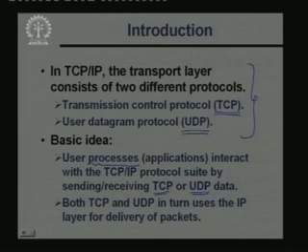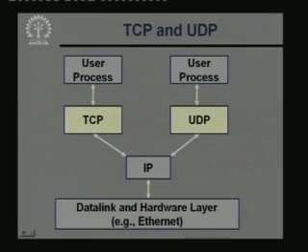But one thing to note is that both TCP and UDP sit on top of the IP protocol. So, both TCP and UDP will be generating the packets and forwarding them to IP for delivering them to the correct destination. Pictorially, the hierarchy looks like this.